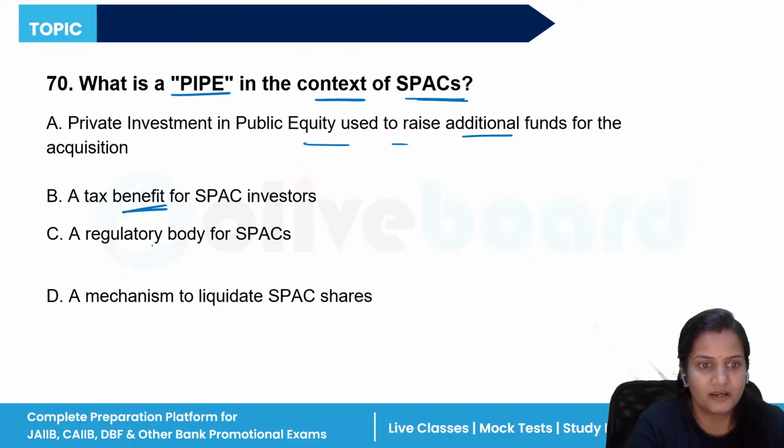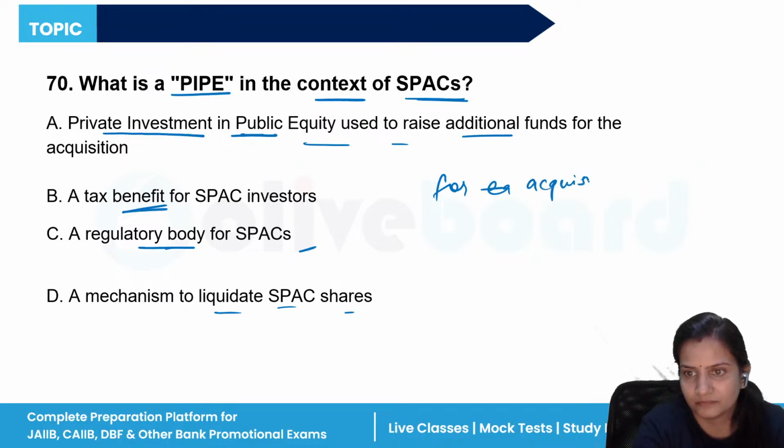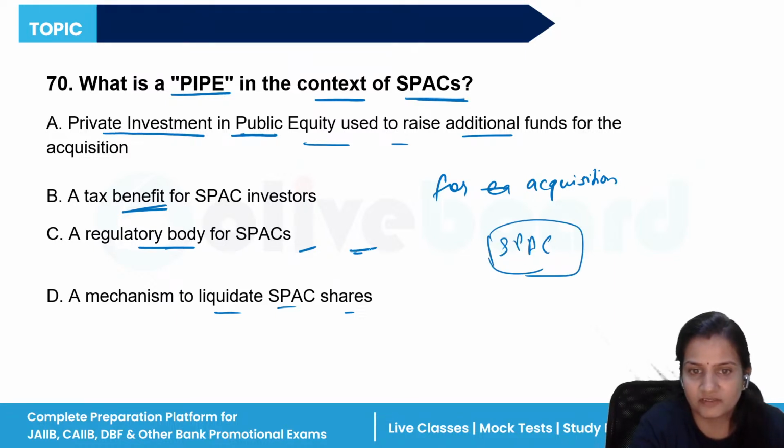It is a private investment in public equity for an acquisition, when the SPAC does not have a sufficient amount, when the investors have not invested a sufficient amount for the purchase of the acquisition.